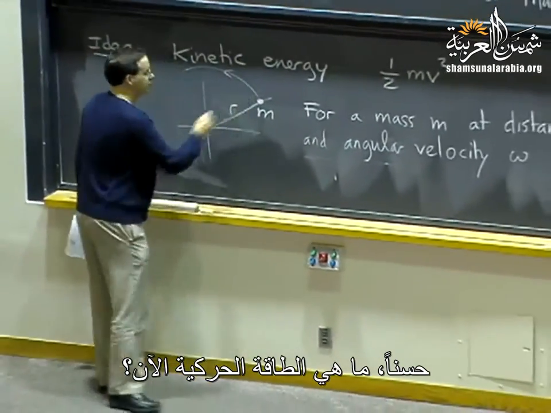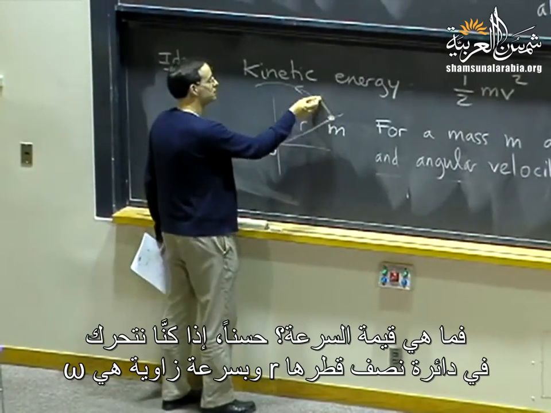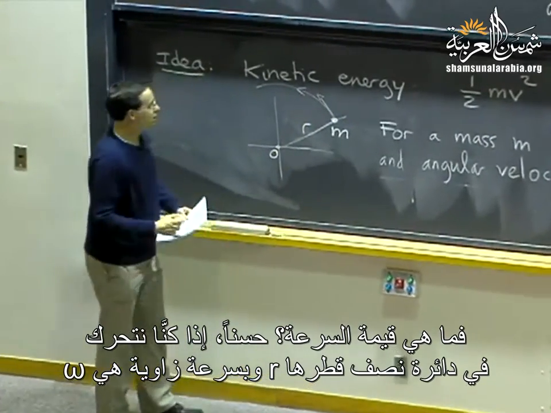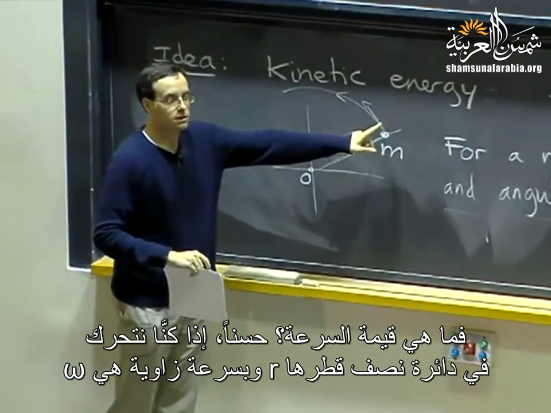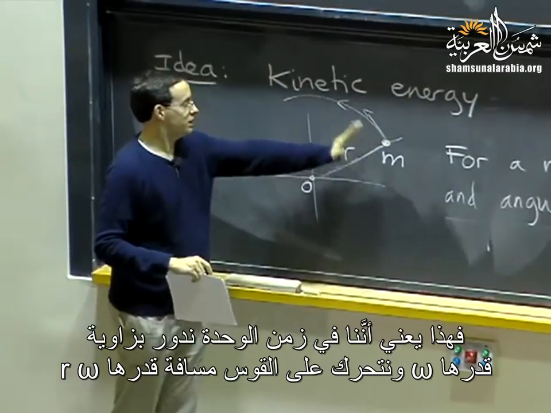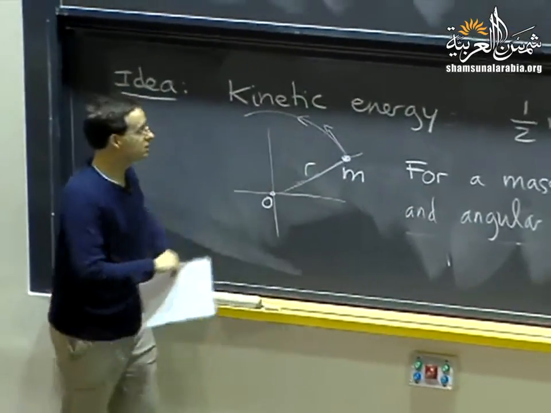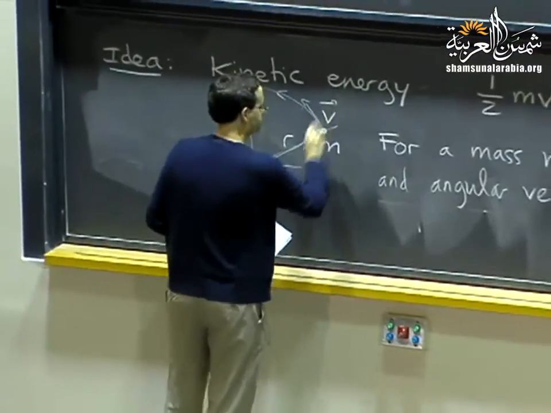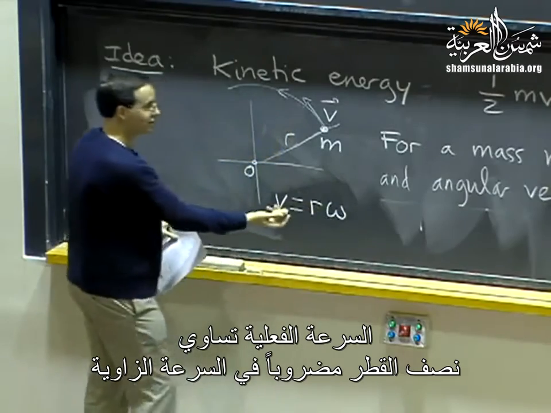Well, what's the kinetic energy now? First we have to find out what's the speed. If we are going on a circle of radius r at angular velocity omega, that means that in unit time, we rotate by omega, and we go by a distance of r times omega. So the actual speed is the radius times the angular velocity.